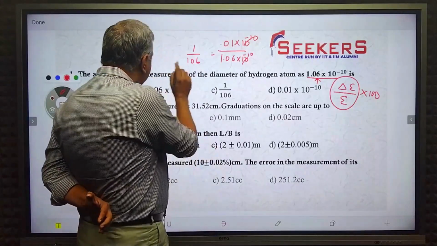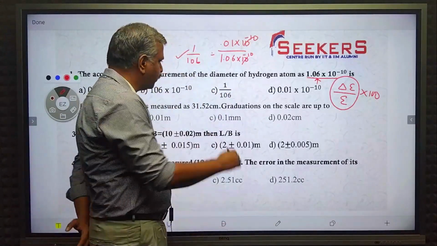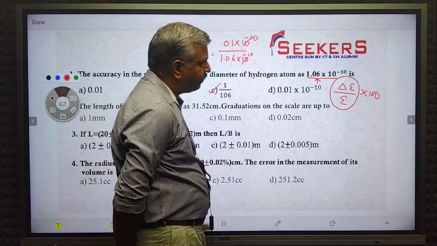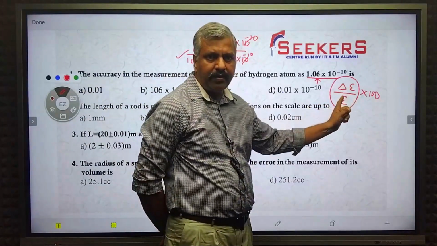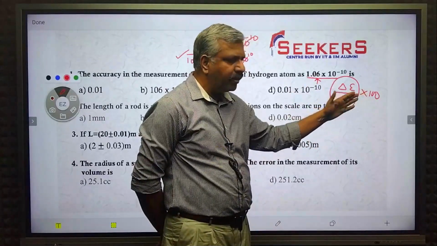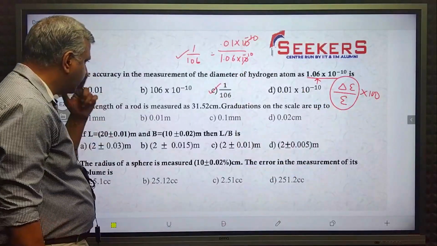So the accuracy in this particular measurement is equal to 1 divided by 106. So option C is the right answer. Okay. So accuracy is defined as the error divided by the measurement. If it is as a percentage, into 100, if it is as a fraction, just this part of it. Okay, now let's look at the next question.